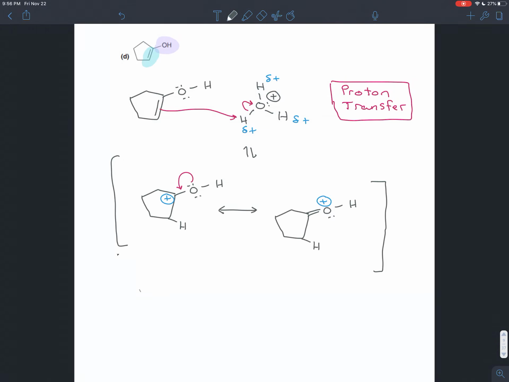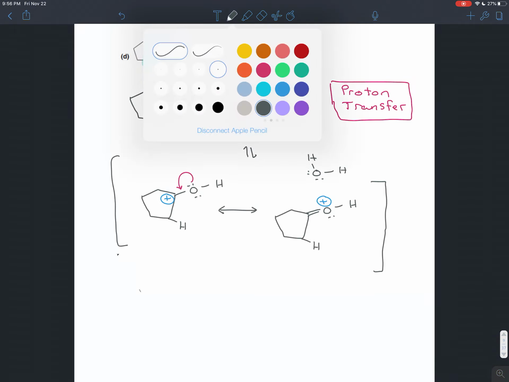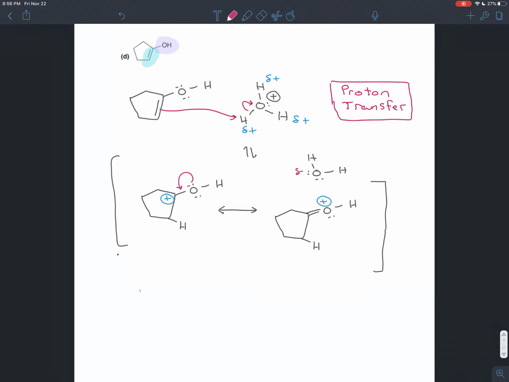And so you can stabilize it by taking water, and this water is coming from the hydronium. After it loses this H, it turns into water. The slightly negative oxygen here, because it's electronegative, is attracted to the slightly positive hydrogen. And so it steals that, the electrons snap back onto the oxygen there and stabilize the positive charge.